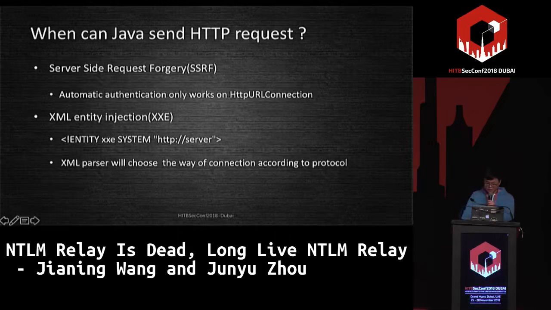When exploiting an XXE vulnerability, you can define an external entity to import a URI, and the XML processor will choose the way of connection according to the protocol, and will automatically use HTTP URL connection to send the HTTP request. Through these 2 attack surfaces, we can get the Net-NTLM hash.